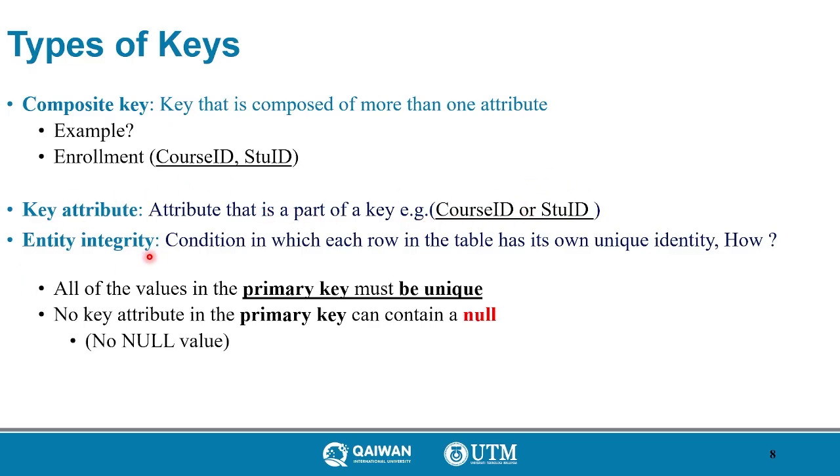Now, entity integrity means that a primary key must be unique, and no attribute in the primary key can contain null. So the primary key must be unique and cannot have any null value.